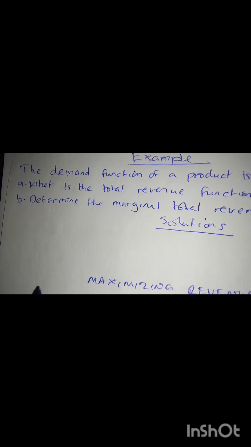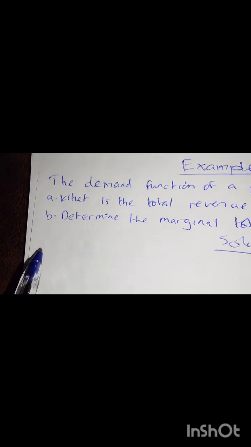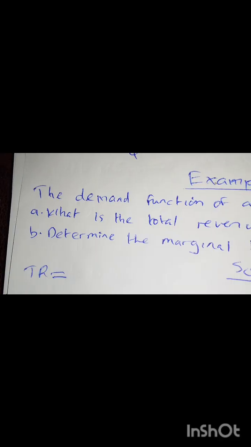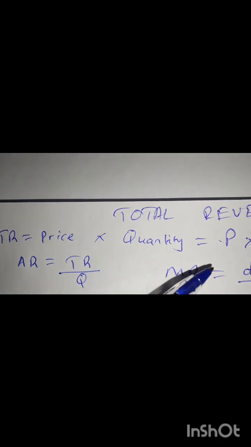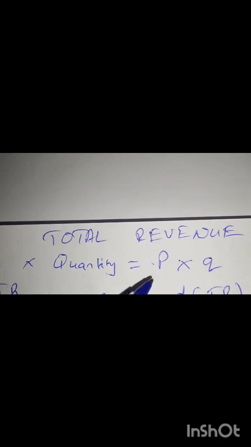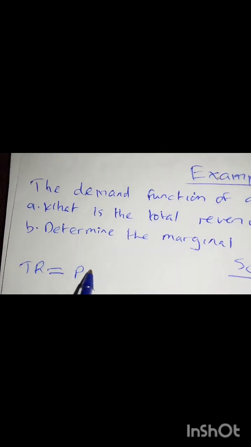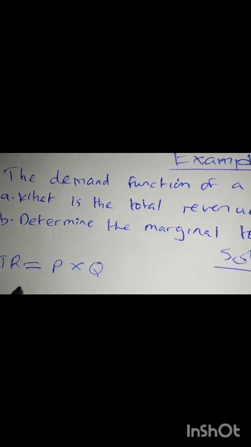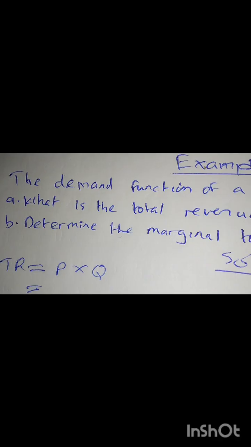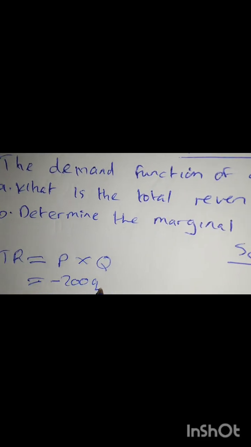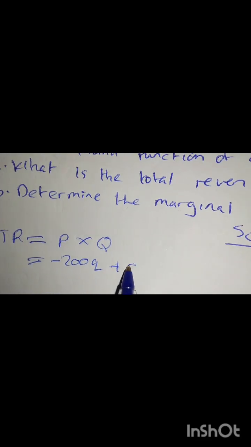Total revenue is equal to, from above here we have the formula, price times quantity. So what is our price? We have the price function here, which is negative 200Q plus 500.